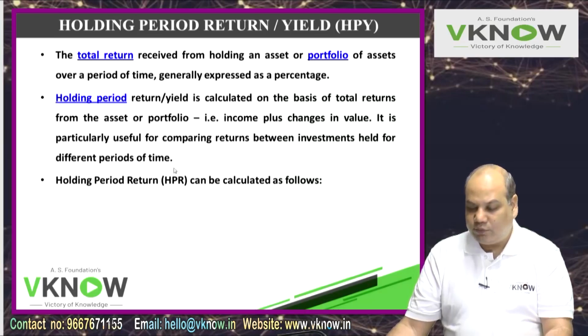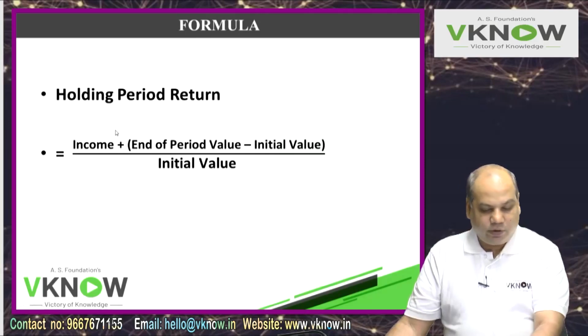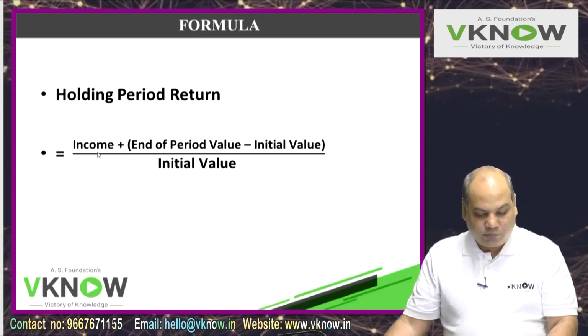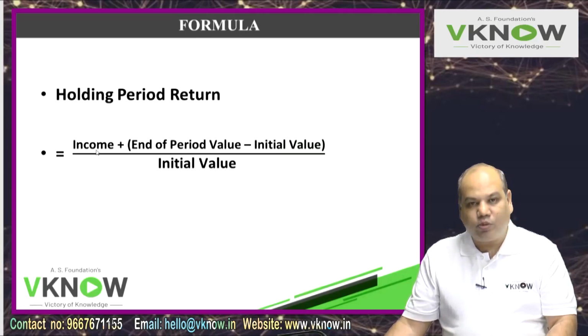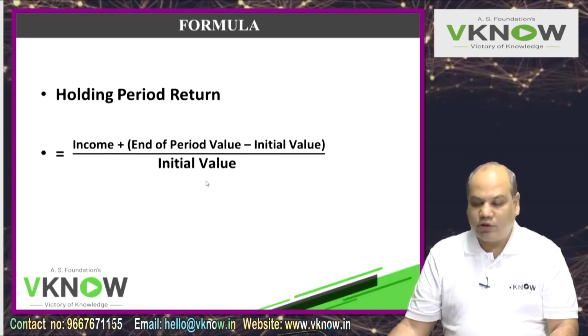Now let us come to the formula. The formula for holding period return is income, that is whatever interest or dividend you get, in this chapter it will be income in the form of interest, coupon, plus in bracket end of the period value minus initial value, divided by initial value.